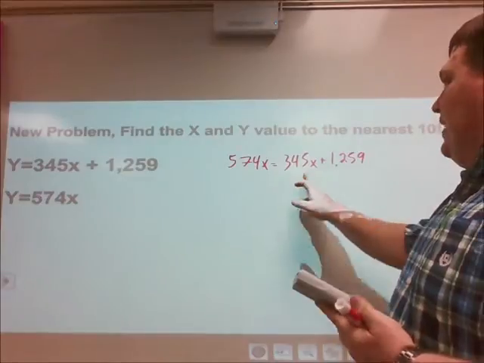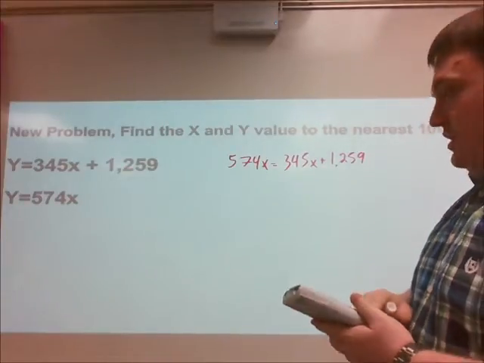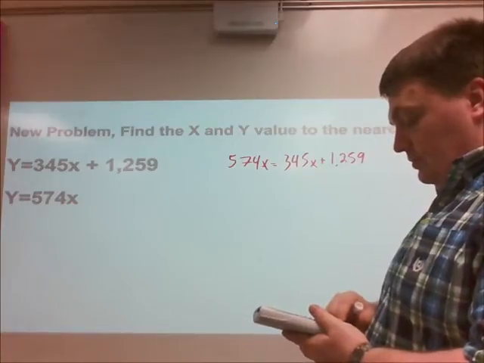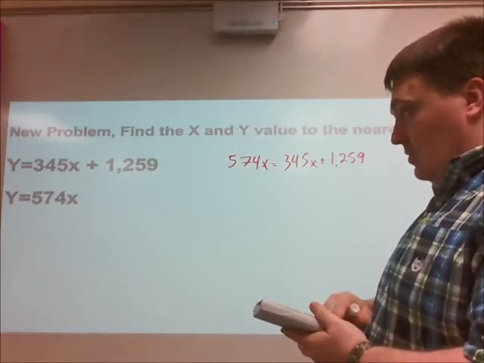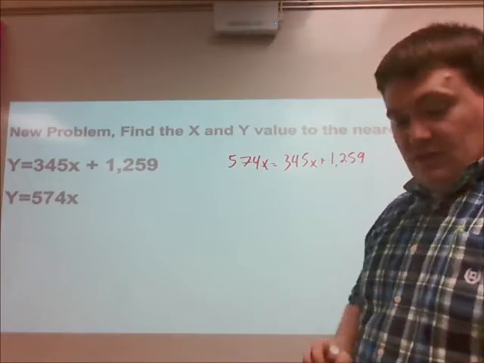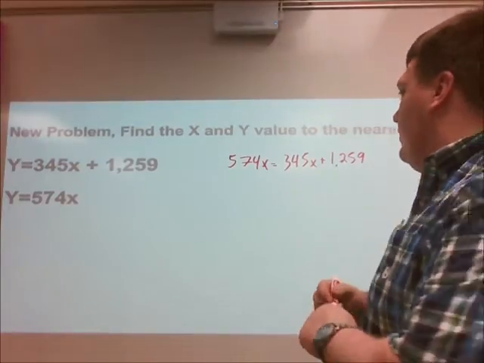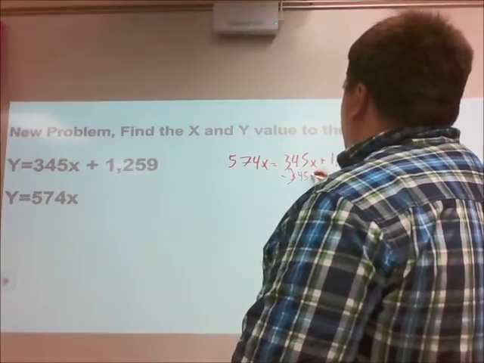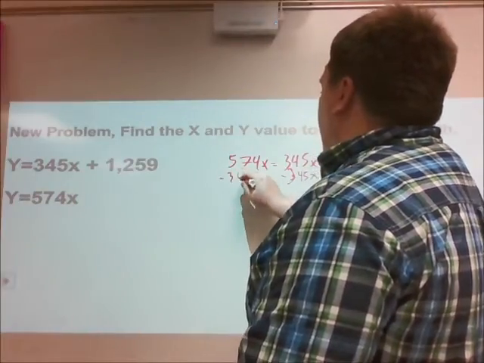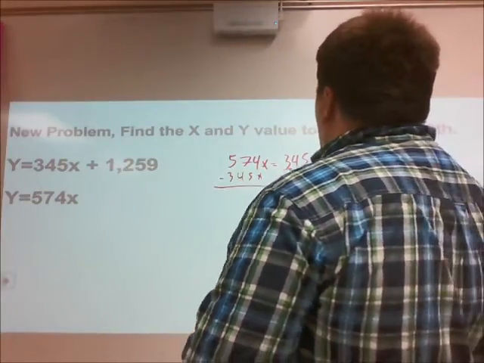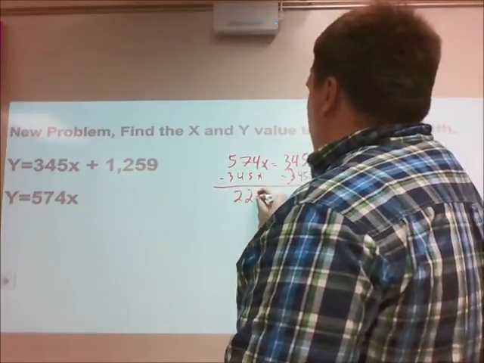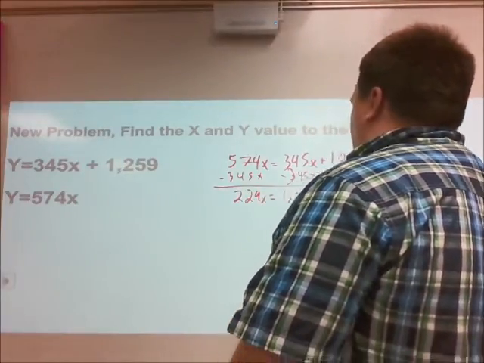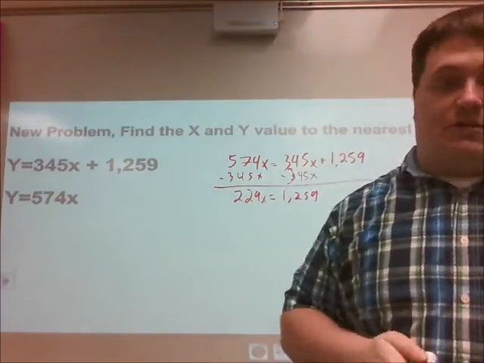So I'm going to subtract 345x from both sides. 345x minus 345x gives us 0, and 574x minus 345x gives us 229x equals 1,259. Now, most likely this is not going to divide evenly.